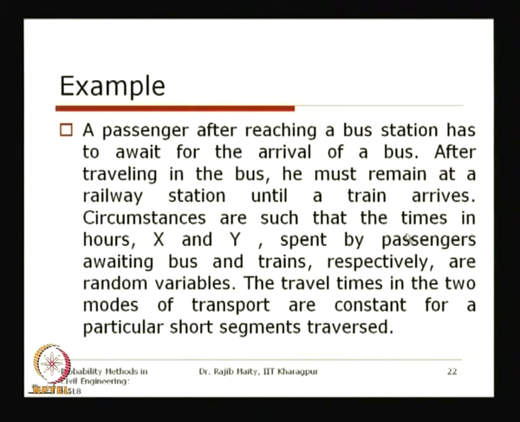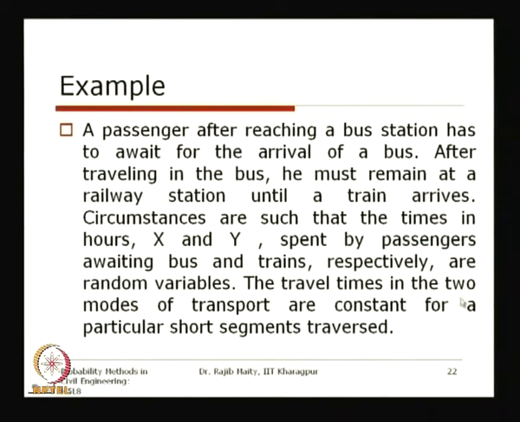The times are explained in terms of hours. These are x and y, spent by the passenger waiting for the bus and the train respectively. So the waiting time for the bus is denoted as x, and the waiting time for the train is denoted by y, and these are obviously considered to be random variables.